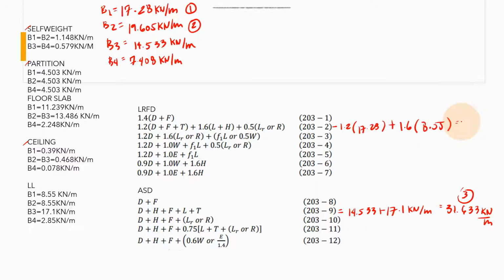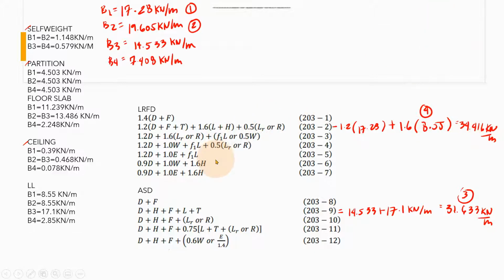So, it is equal to 34.416 kilonewton per meter. So, this is now our answer for number 4.